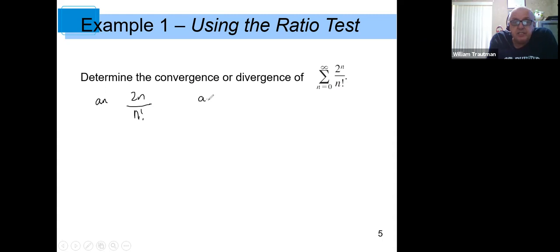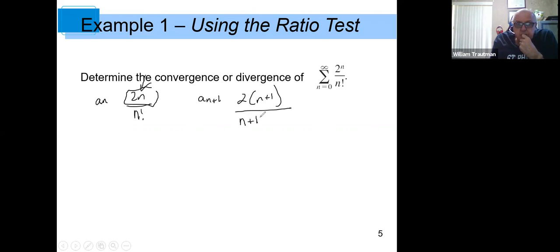If we look at A sub n plus 1, if we put n plus 1 in here instead of n, we get 2 to the n plus 1, and in the denominator, n plus 1 factorial.